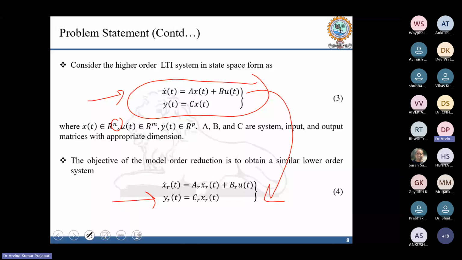The technique for replacing equation 3 with equation 4 is what we are going to learn in the next slides: how to reduce a large scale state space model into another, reduced order, state space model.